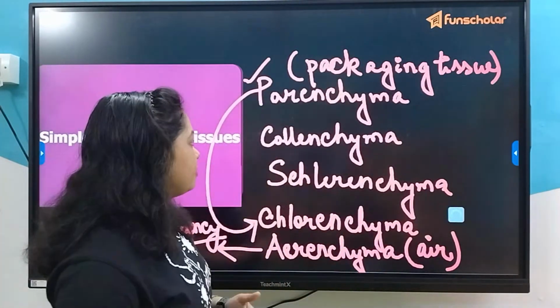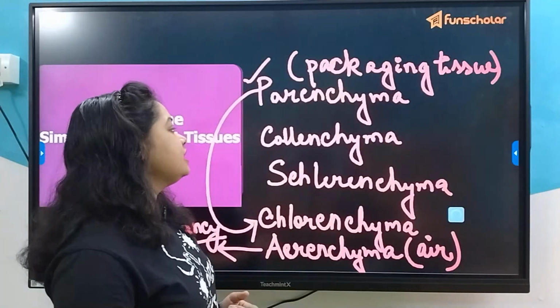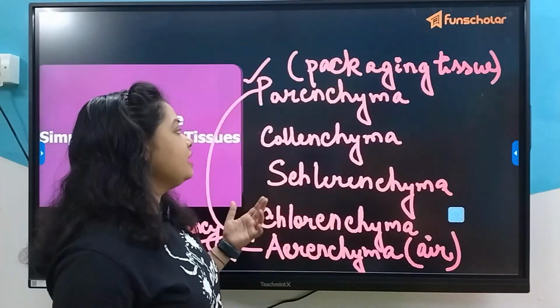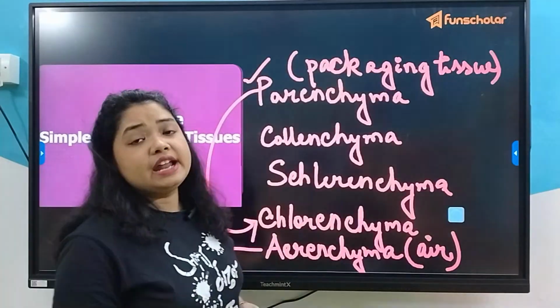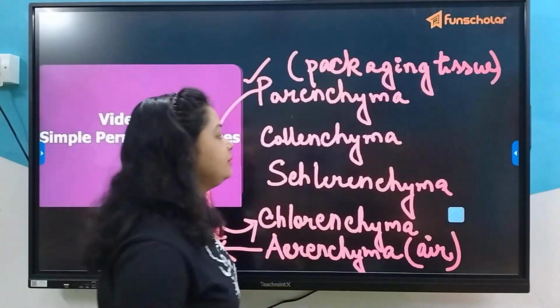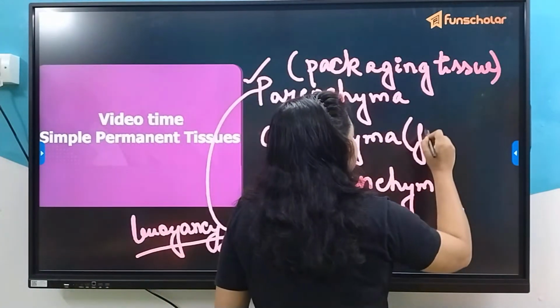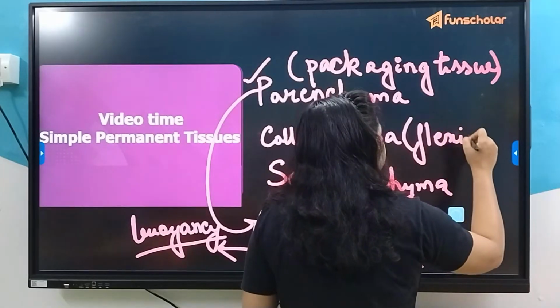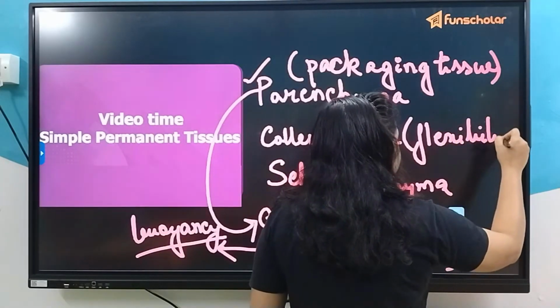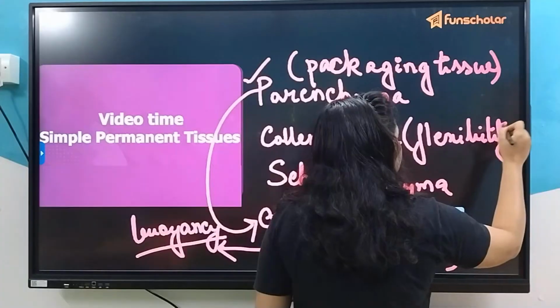Similarly, collenchyma is a type of tissue that is supportive in nature and that also provides flexibility, right? It provides flexibility to the plant parts.